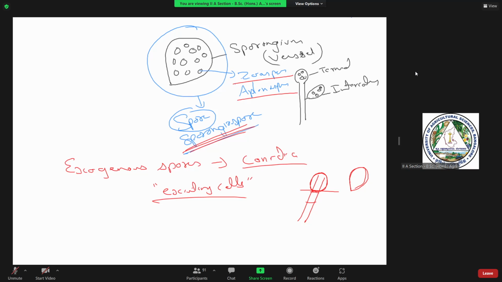And when the parent hyphae decay, when this particular portion gets decayed, this can be called as the thallospore. That is, the transformation of the existing cells of a thallus, and when they are set free and the parent hyphae degrades or decays, this type of spore is called as a thallospore.